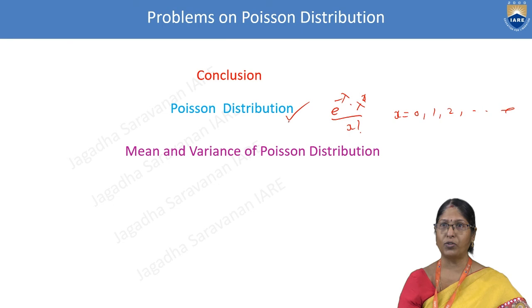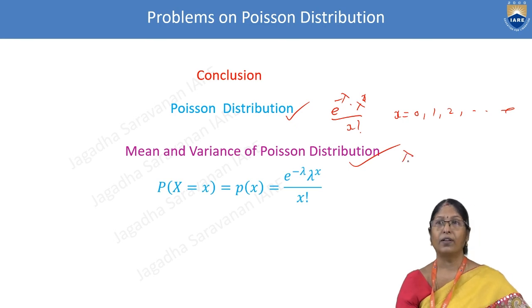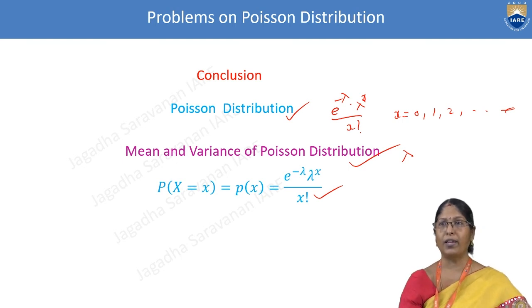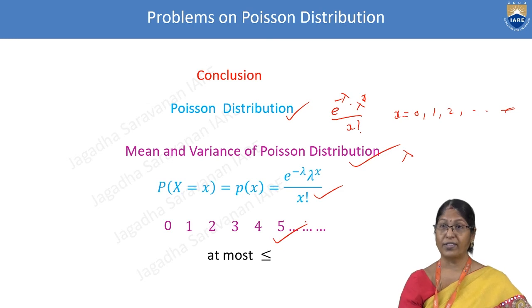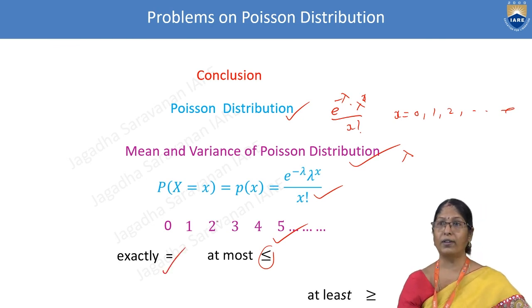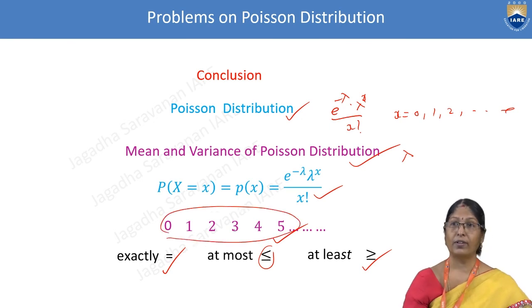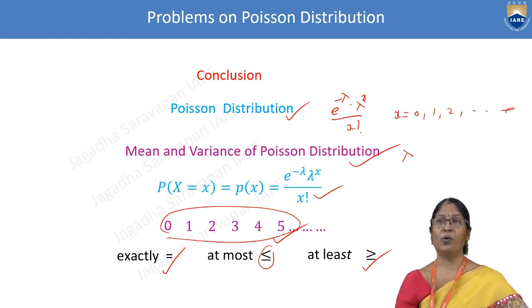The mean and variance of the Poisson is lambda. We applied this formula in different types of problems: at most, meaning less than or equal to; exactly, meaning equal; and at least, meaning greater than or equal to. From this concept, we are able to understand the difference between binomial distribution and Poisson distribution.